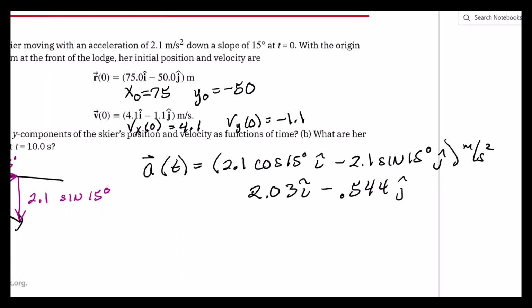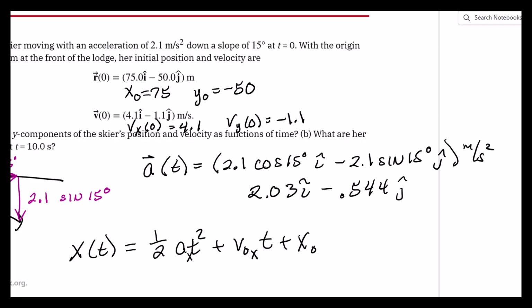Okay, so now I want to treat each of these separately. So I can express the x position in terms of t as 1/2 a t squared plus v naught in the x direction, t, plus x naught. Now this is where you get a whole lot of subscripts because technically this is acceleration in the x direction.